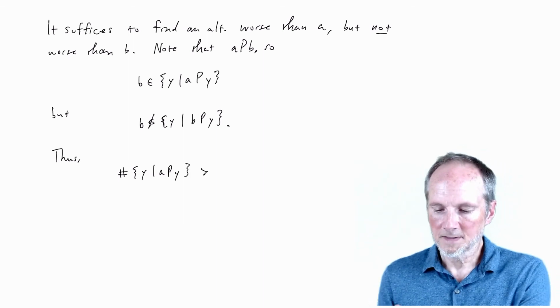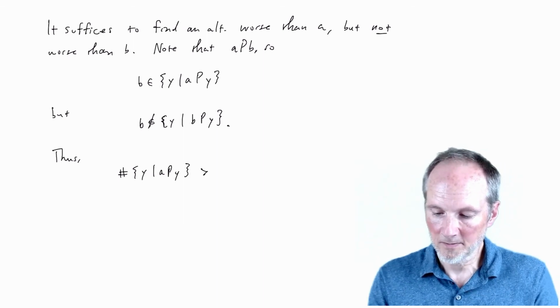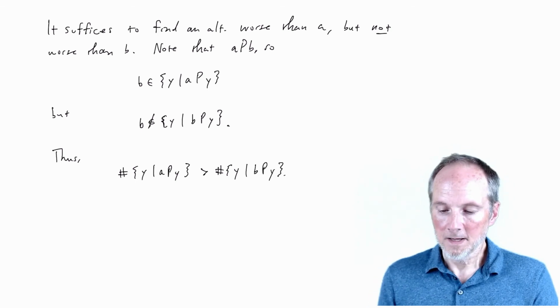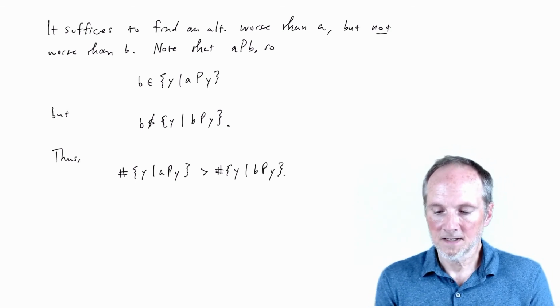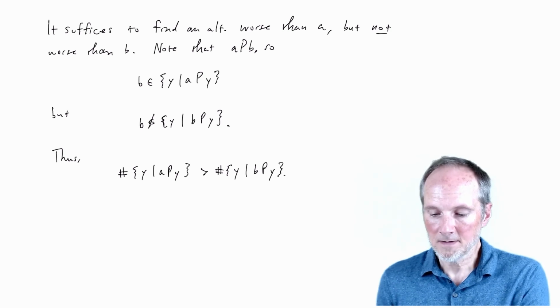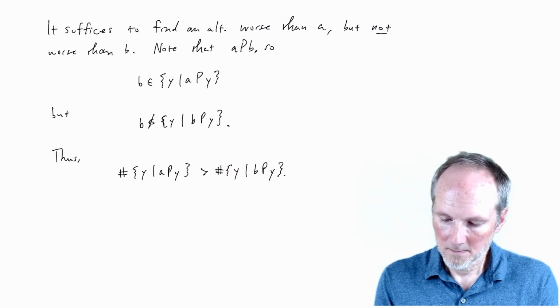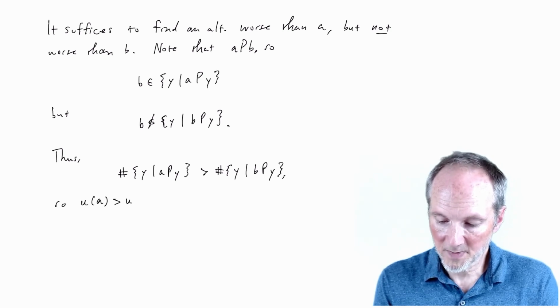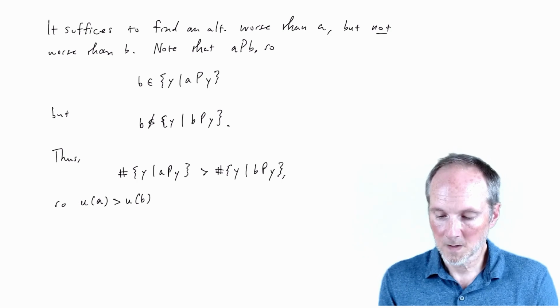The set of things that are worse than A actually has to be strictly bigger than the set of things that are worse than B. All right, that tells us if A is strictly preferred to B, then it has a higher number assigned by this function, okay?